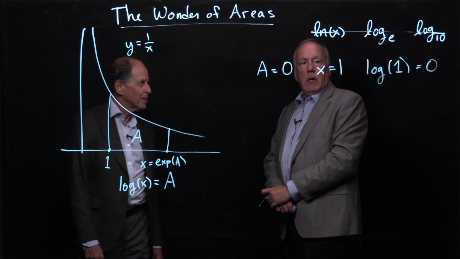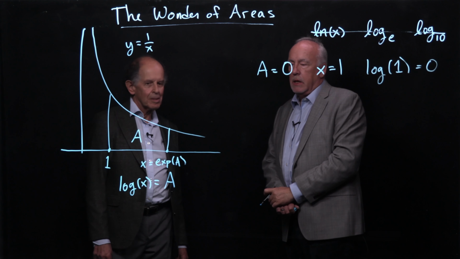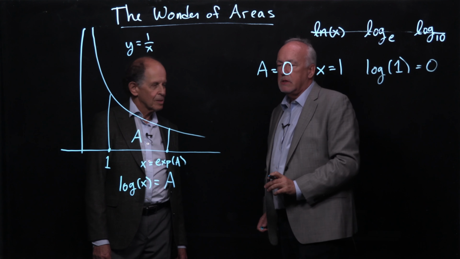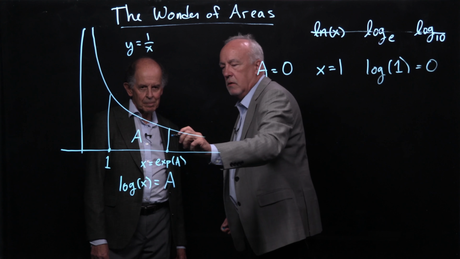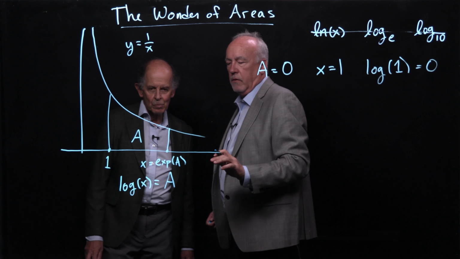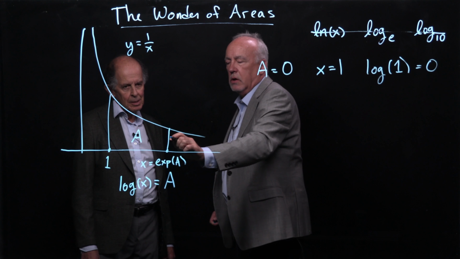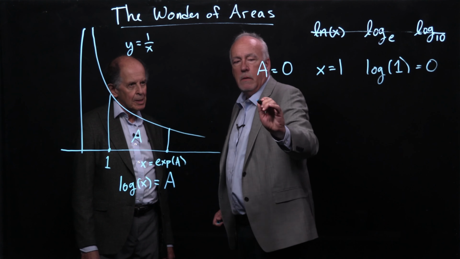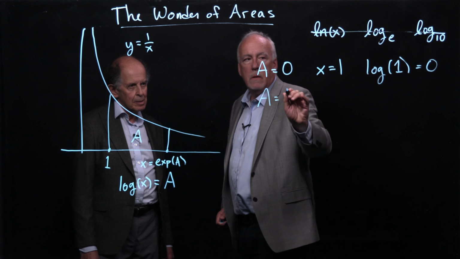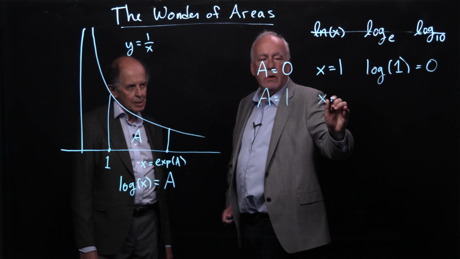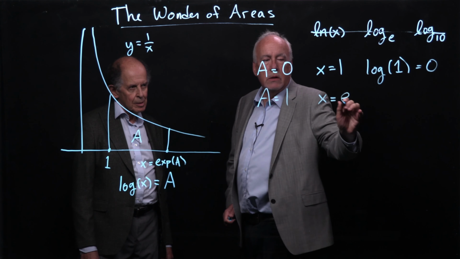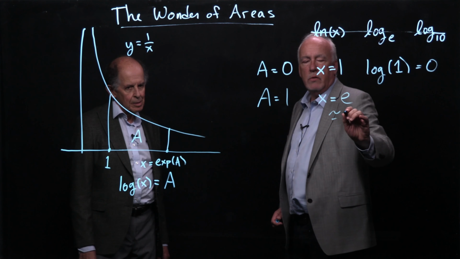Yeah. What else can I say? Remember there's a special place, e, where if I went far enough out here to get an area of 1, this gave me a value x is equal to e, which is roughly 2.71.